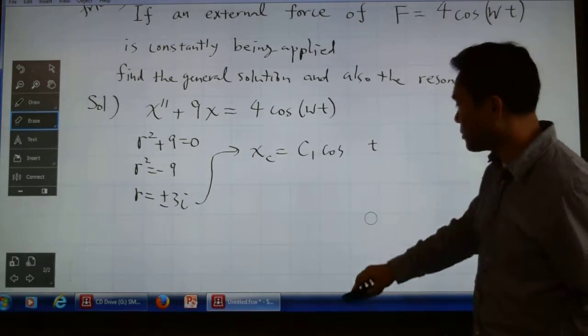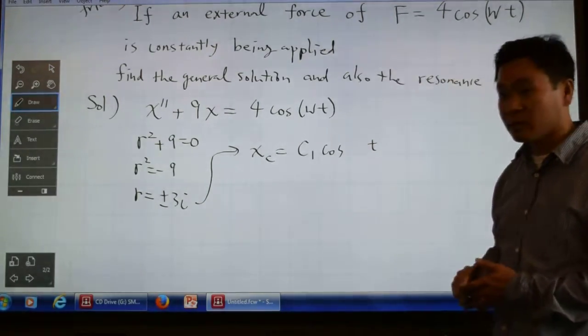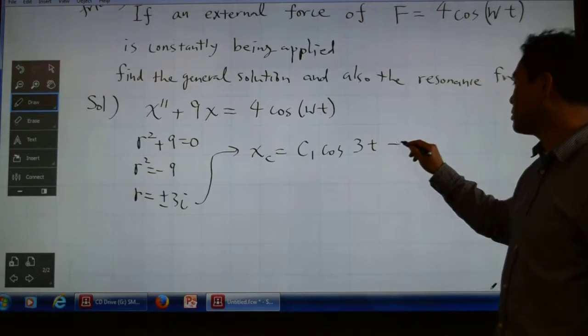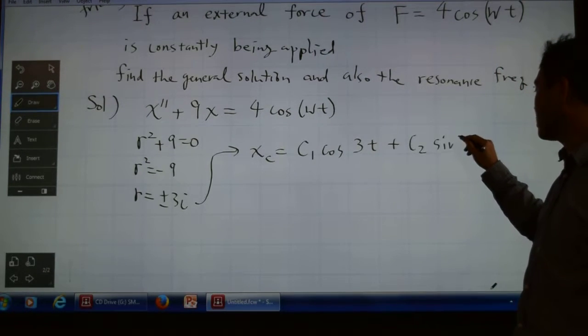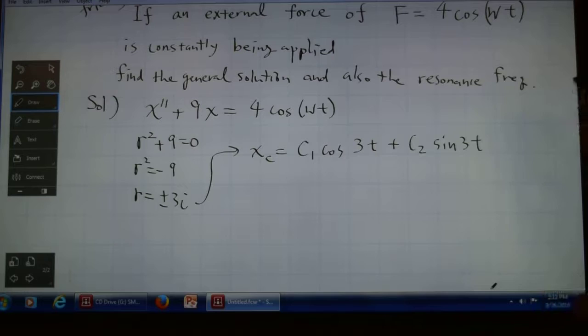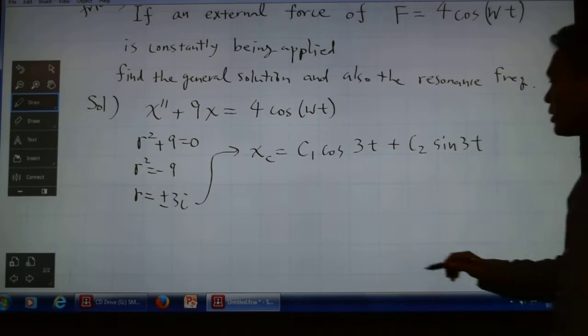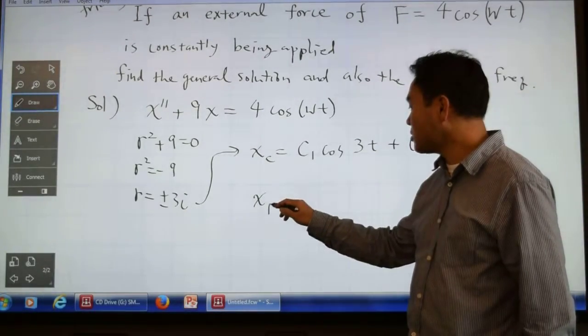We know the value of omega here. What goes in here? 3. Plus c2 sine 3t. That's the complementary. All right, now we have to find a particular solution.